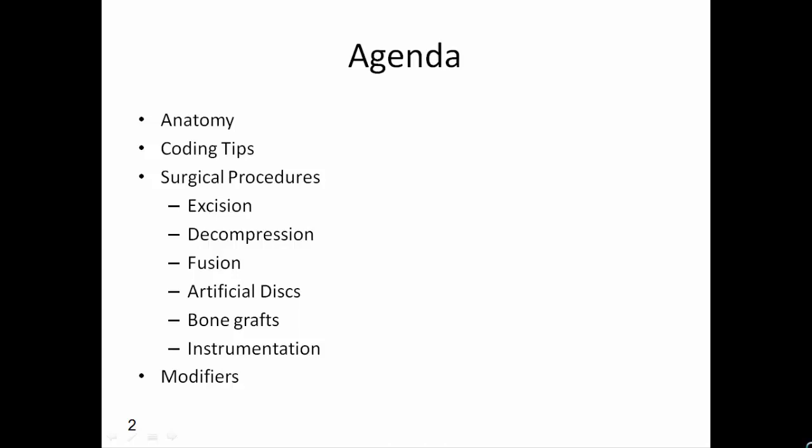Then we want to talk about the actual surgical procedures themselves, and I've listed out there under surgical procedures the different points that we're going to talk about today. I'm not going to read through them here because we will discuss them. And last but not least, we're going to talk a little bit about some of the modifiers that we may be using that are different in spine than what we would be using in other cases.